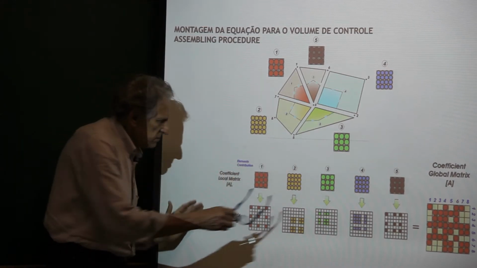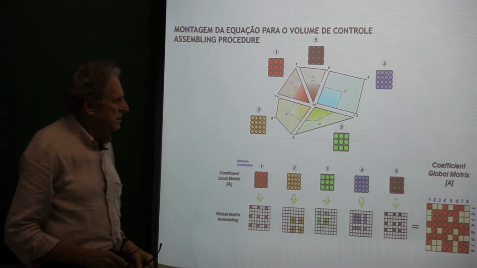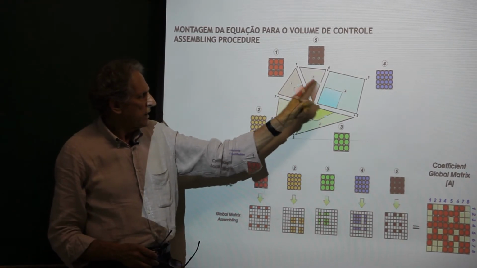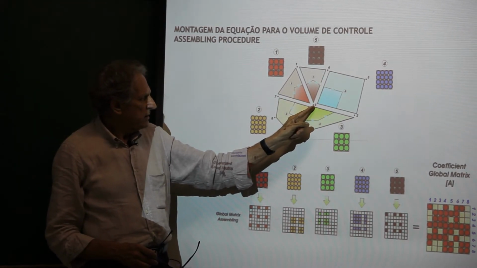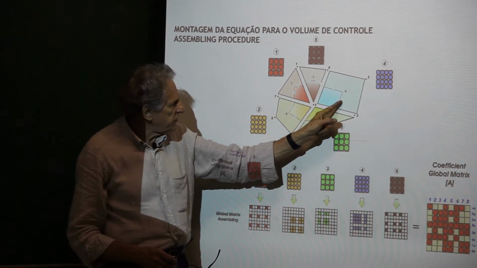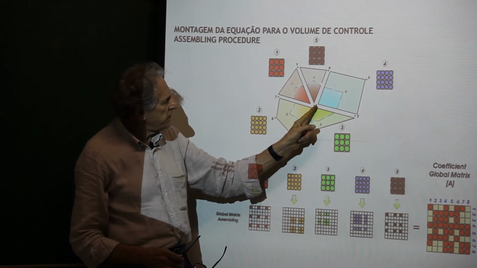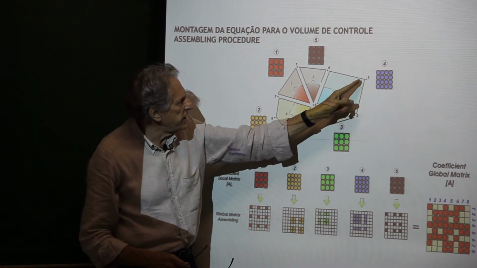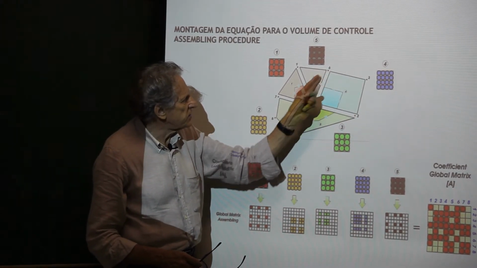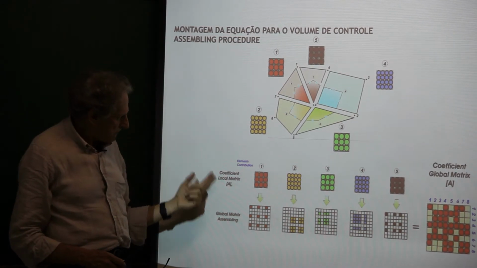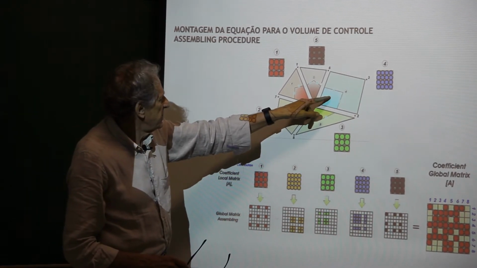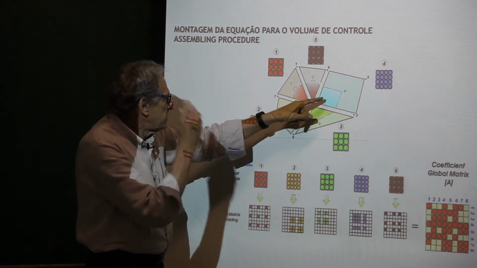So you put these matrices in the final matrix. Here's the control volume for the node 4. Then you see, I have to use this flux and this flux. What for the 4? I need the 0.2, the 0.3, and 0.6. This is the element 4.